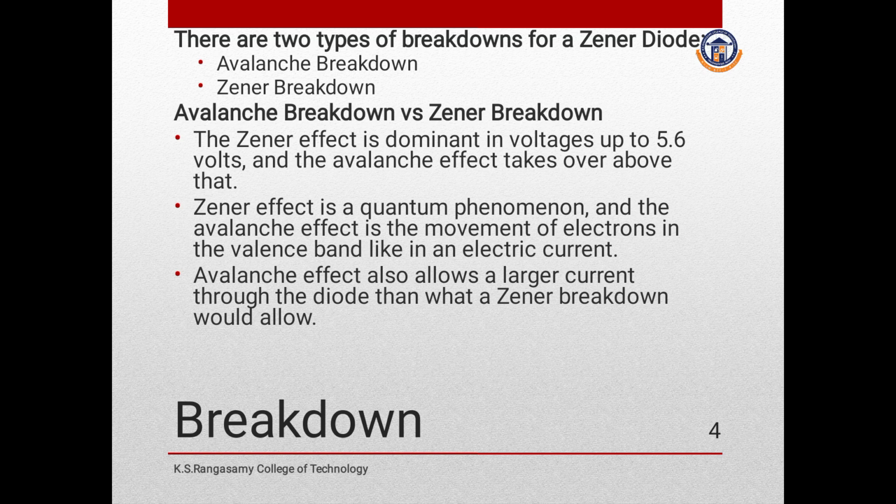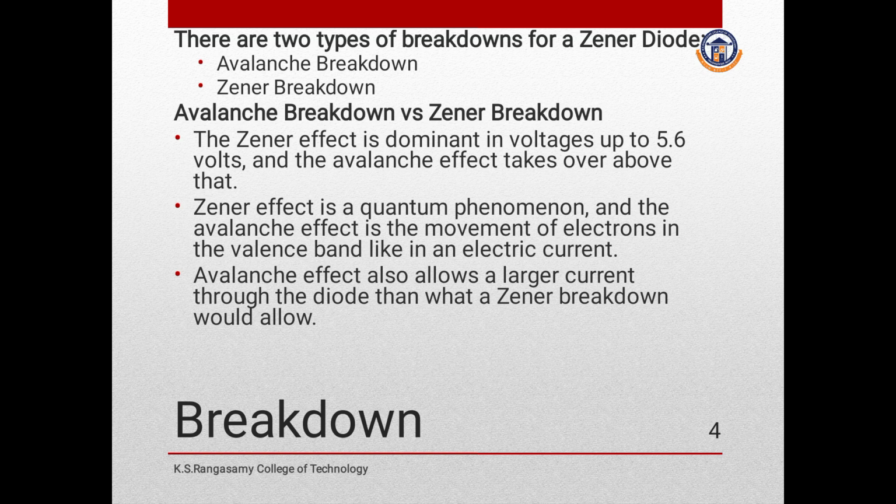As a result, it will produce a high amount of electric current, so that the current will start increasing rapidly. This nature will destroy a normal diode. So we make a PN junction diode work in reverse bias with the effect of heavy doping.